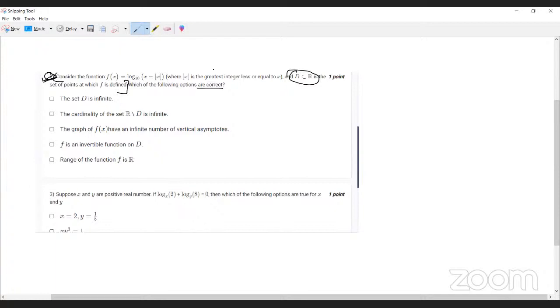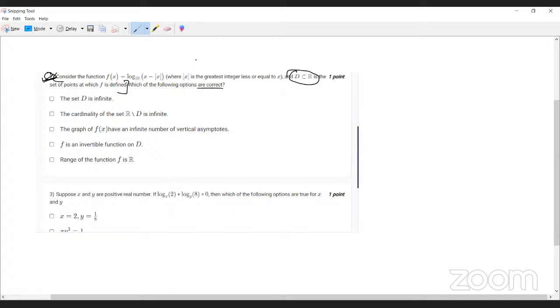First of all, we don't understand the greatest integer. What is this, sir? Greatest integer less than or equal to x. Is it a function, sir, or any graph? No, it is an integer only, a number only.